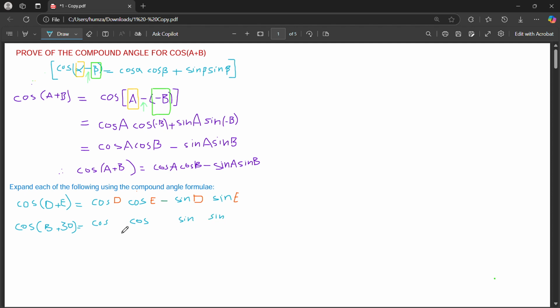Now we are going to say this angle B will go with cos and with sin, and then this is 30, so 30 degrees, and here with sin there is 30 degrees, and then because this is positive we will say there is a negative sign outside the bracket. Now let's look at an example with the negatives inside. How are we going to work out that?